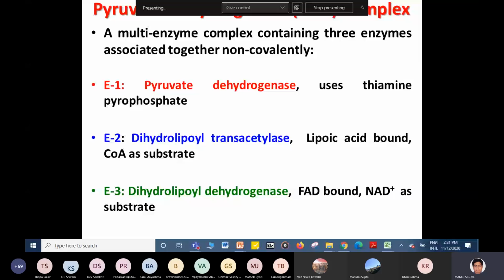This is an example of a multifunctional protein or multifunctional enzyme. The 3 enzyme activities are pyruvate dehydrogenase, dihydrolipoyl transacetylase, and dihydrolipoyl dehydrogenase. It is not always easy to remember all 3 names, so we simply call it the pyruvate dehydrogenase complex.